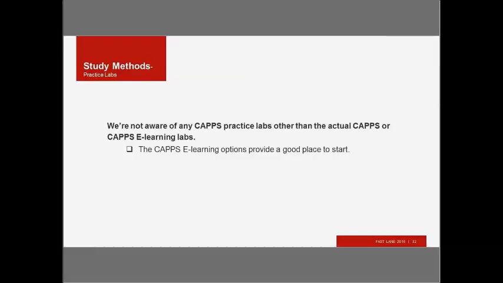We're not aware of any CAPPS practice labs other than the actual CAPPS or CAPPS e-learning labs. But the CAPPS e-learning option provides you with a good place to start. It includes all of the labs from the CAPPS course. And even if some of them are simulated, you still get the opportunity to run through all of the steps. You get access to the labs for a full year, and it's just not that expensive.